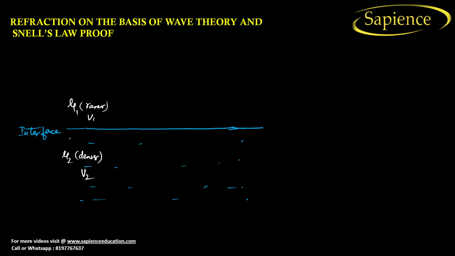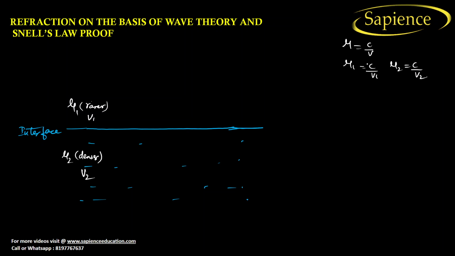Got it? Now one more thing we have already studied, that mu is equal to c by v. So from here mu1 is equal to c by v1, and mu2 is equal to c by v2. Got it?